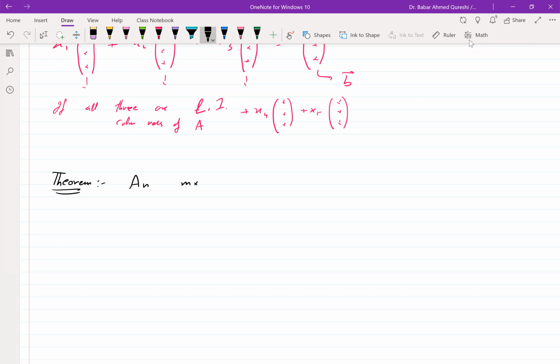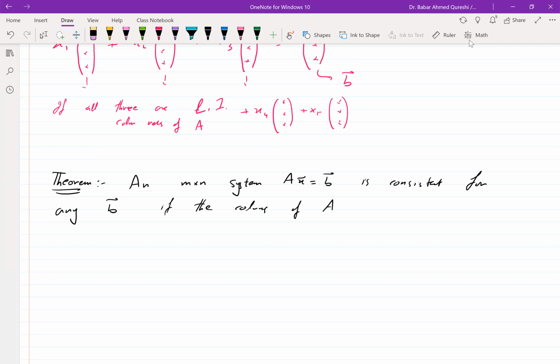An m by n system like this is consistent for any b if the columns of A span Rm. That is the full space.